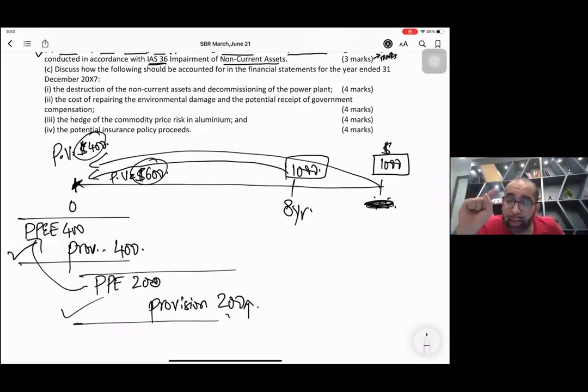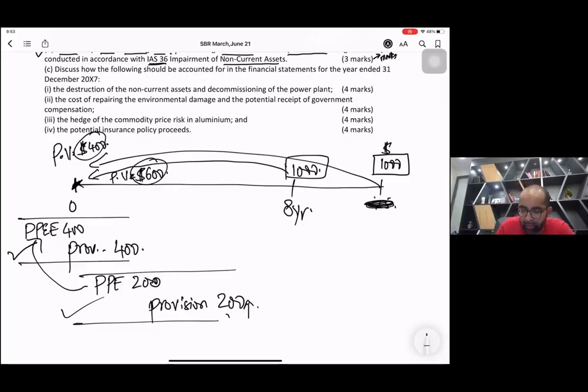Two things. And now, as the life has reduced, you will earn less, only 8 years, not 25 years.